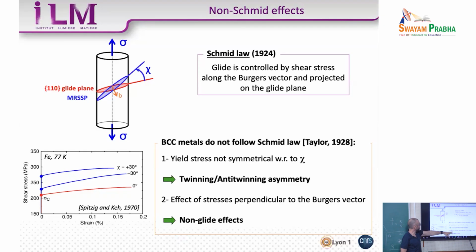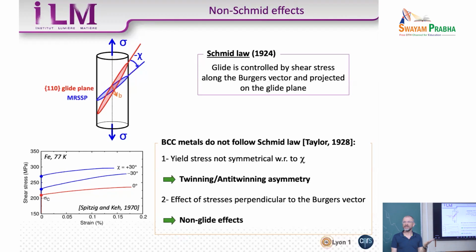The first one is the so-called twinning, anti-twinning asymmetry. The idea is that imagine the dislocation is moving on this red plane here, and I am applying a maximum resolved shear stress on the blue plane here. If only the projection of the stress on the red plane counts, as is assumed with Schmid law, then whether the blue plane makes a positive chi angle, like this, or a negative chi angle, like that, we should have the same resolved shear stress, because it's the same projection, right?